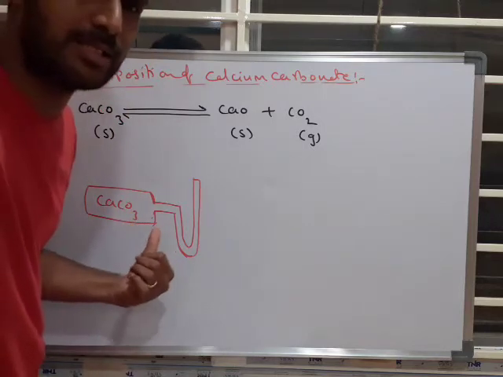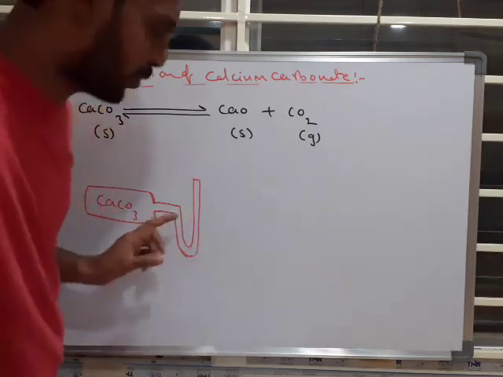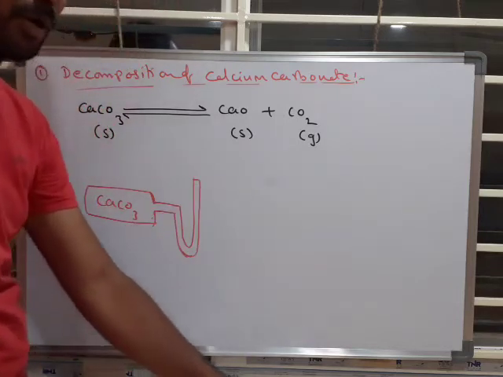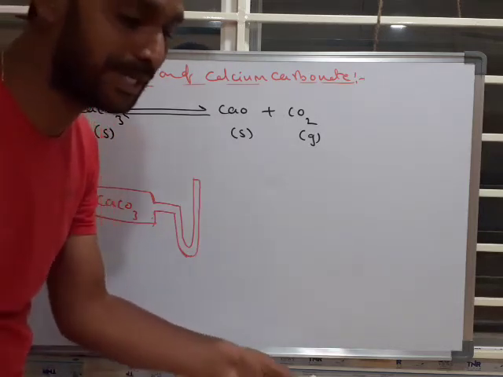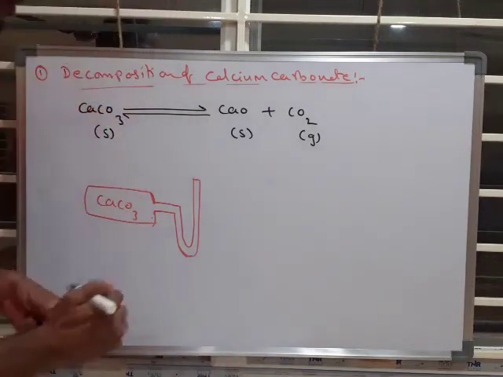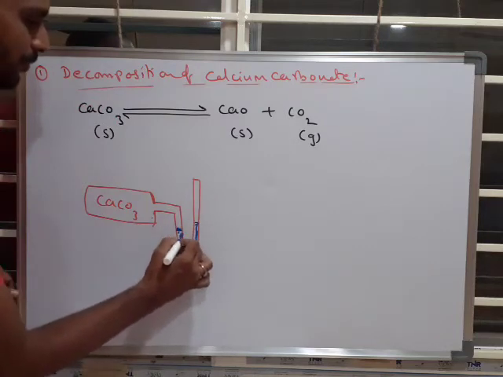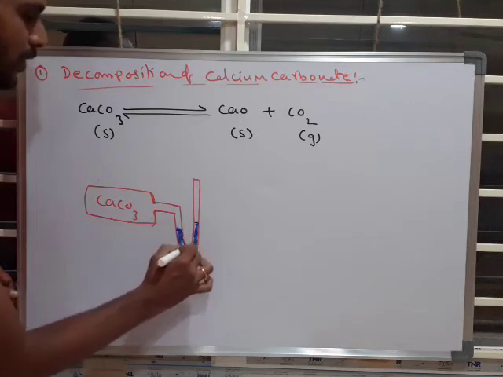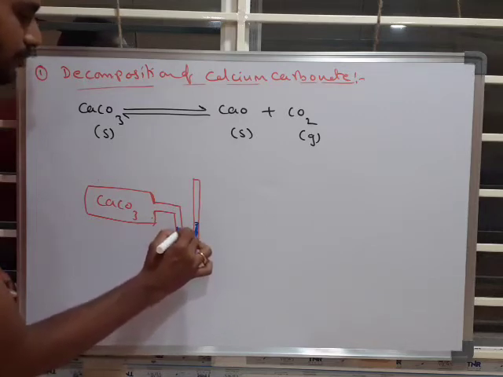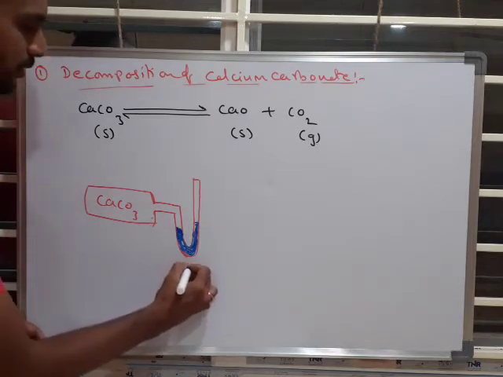This is called a manometer, which has mercury. From the mercury level, we are able to know the pressure in it. Just like in a thermometer there is mercury, here also there is mercury. So this is the arrangement.